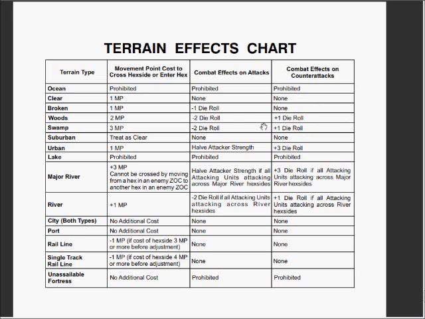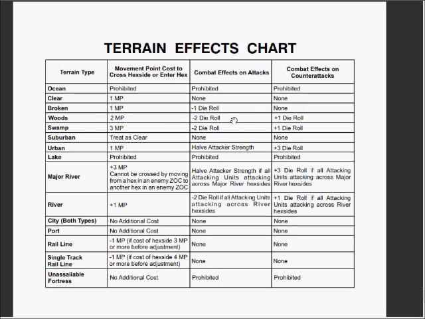Notice the effects are mostly adjustments made to the die roll the attacker and the defender will make to determine enemy losses. For example, the defender chooses broken terrain to influence combat. The attacker's die roll is reduced by 1, and no adjustment would be made to the defender's counterattack die roll. In another case, for example, the defender may choose woods as the terrain to influence combat.